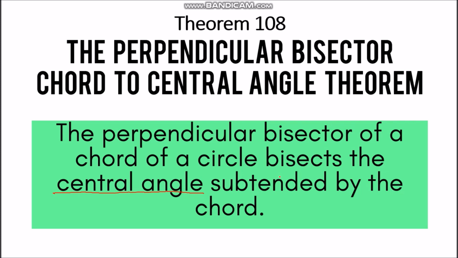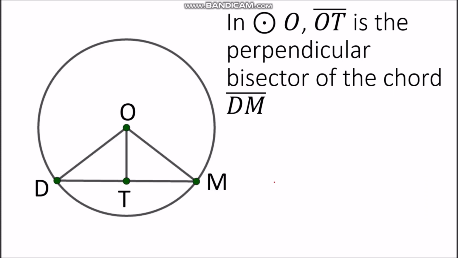two congruent parts. For example, you have here circle O, wherein we have DM as the chord, and at the same time, segment OT is the perpendicular bisector of the chord DM. So when we say perpendicular bisector, it forms a right angle and at the same time divides the chord into two congruent parts.